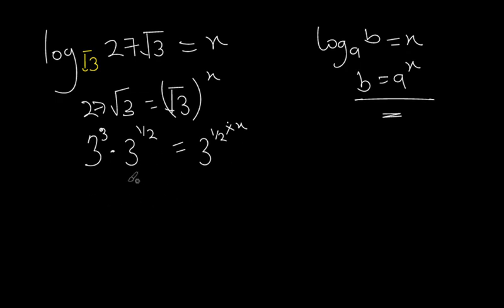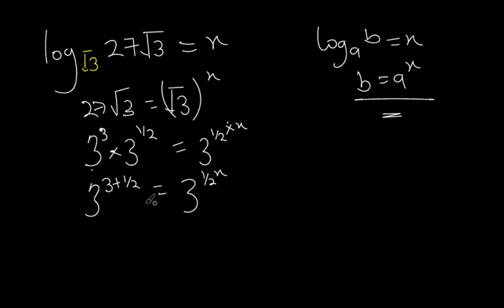Okay, so from here we have these two things over here. Now because there is, look, this is multiplication. Okay, so once we have multiplication, we have the same base, we tend to add the exponent indices if you still have your indices alive. So we have 3 raised to the power 3 plus half is equal to 3 raised to the power 1 over 2 x.